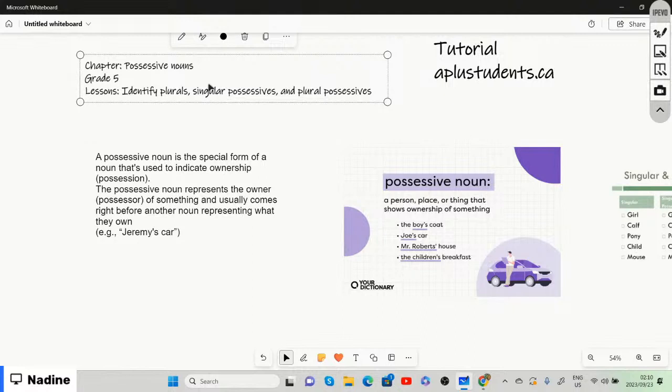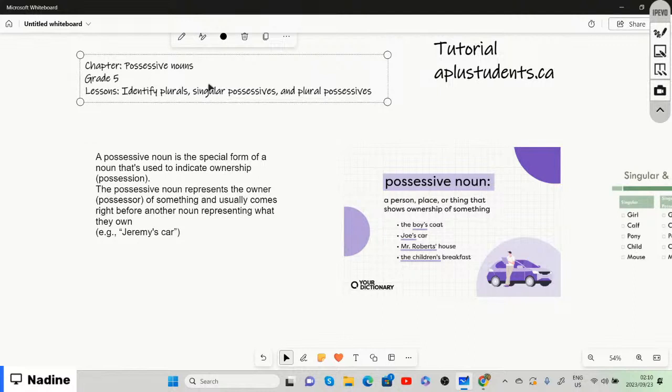So, a possessive noun is the special form of a noun that is used to indicate ownership. Ownership is possession: belongs to me, belongs to you, belongs to them. The possessive noun represents the owner, the person who owns the thing.